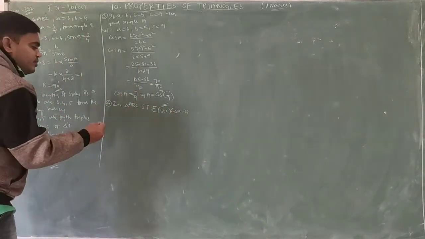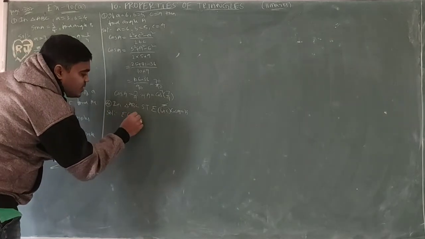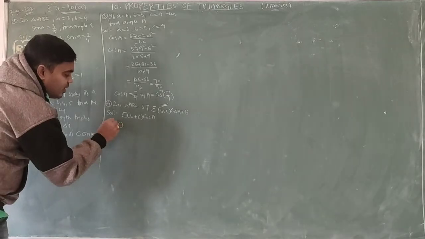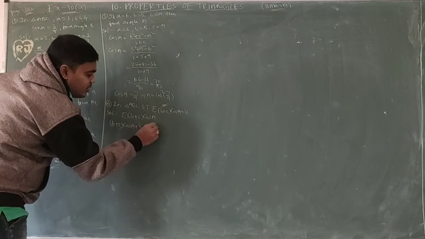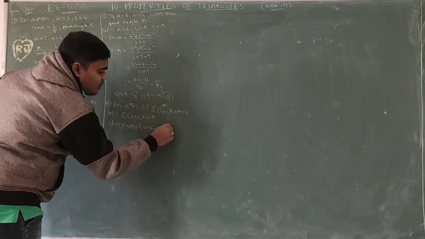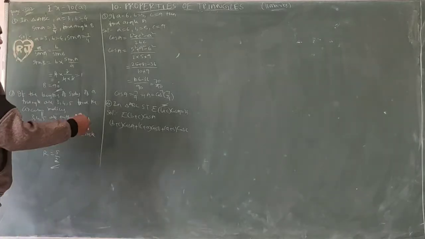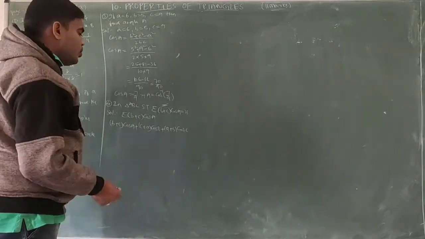So solution: sigma (b plus c) cos A. So (b plus c) cos A, next (c plus a) cos B, (a plus b) cos C. So as we found previously, we get a plus b plus c, that is equal to s.